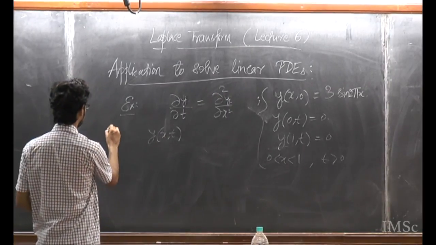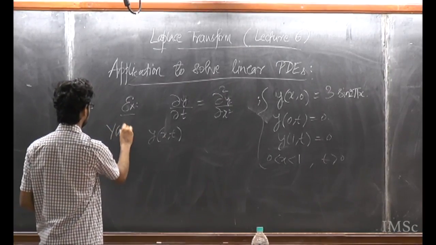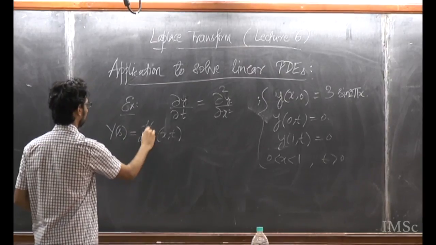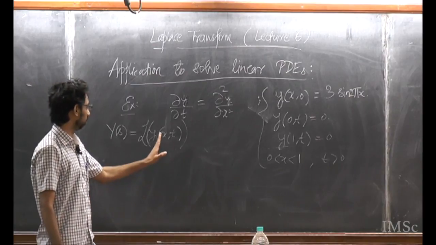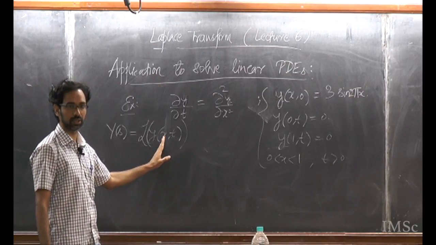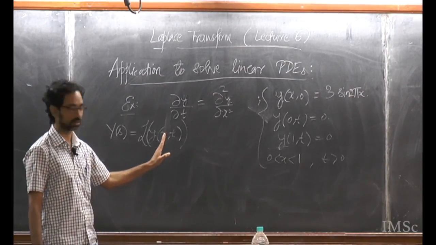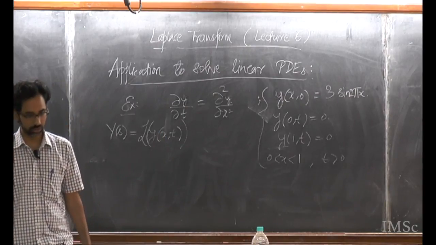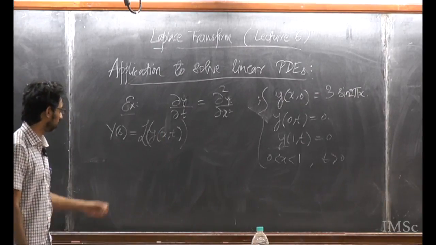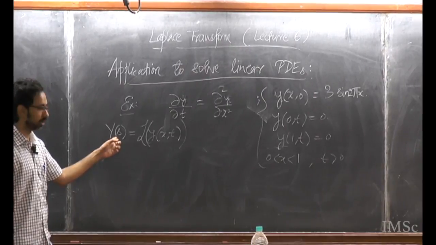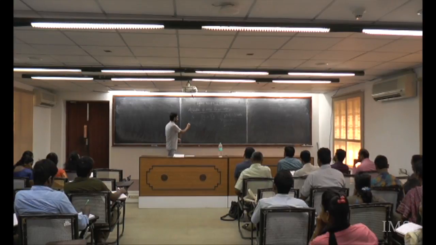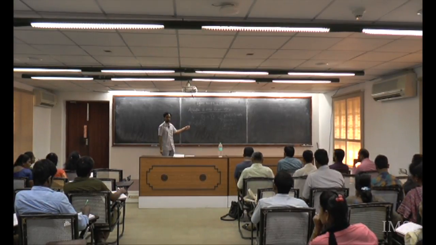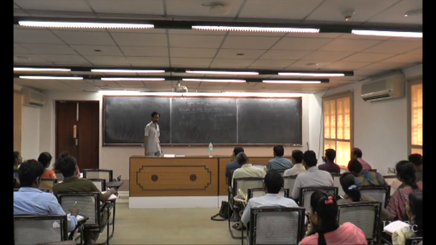So let me write Y(x,s), which is the Laplace transform of y(x,t). And for this purpose, we think of x as fixed. Sometimes it's prudent to incorporate the notation t here as well, so that we can remember that this is for the t variable. What will you get?